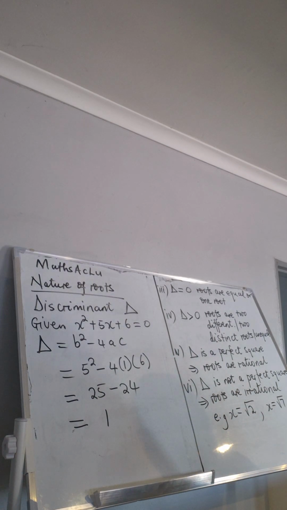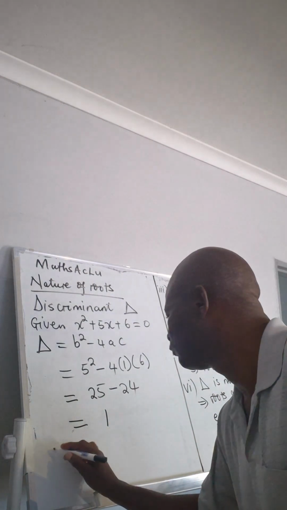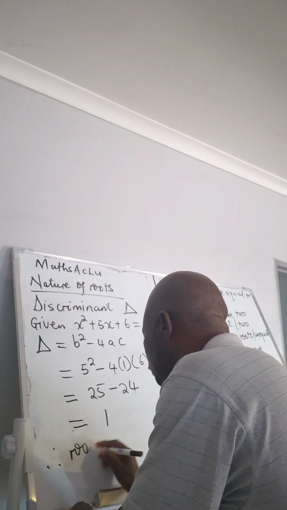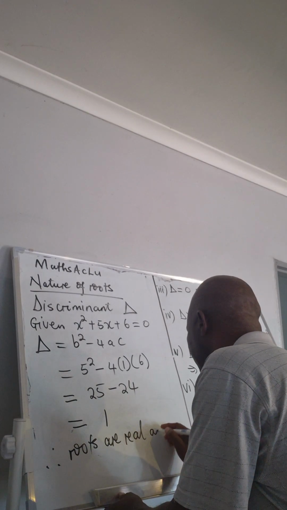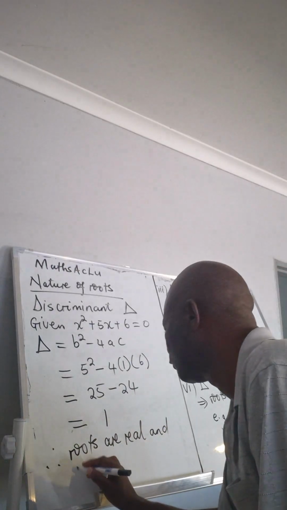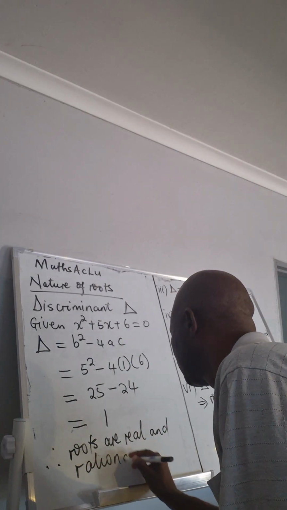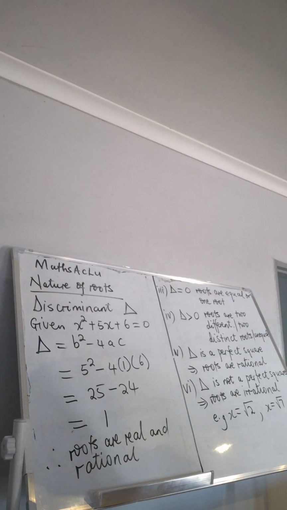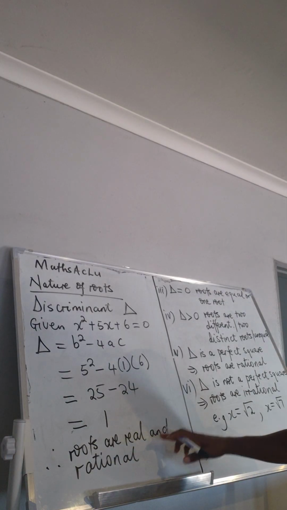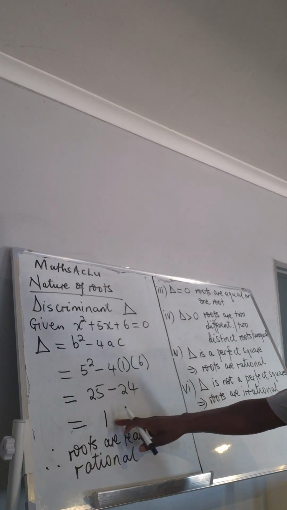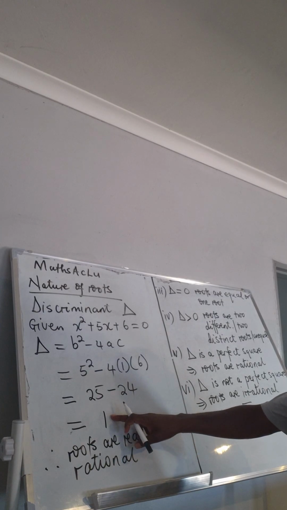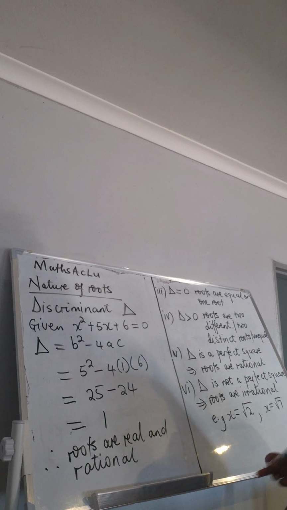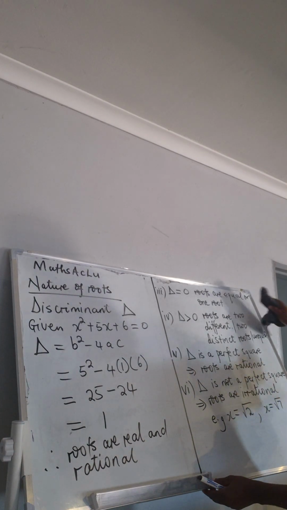So to describe the nature of roots, you can say, therefore, roots are real and rational. They are real because it's greater than 0. It's a perfect square, so they are rational. So that is how we describe the nature of the roots.